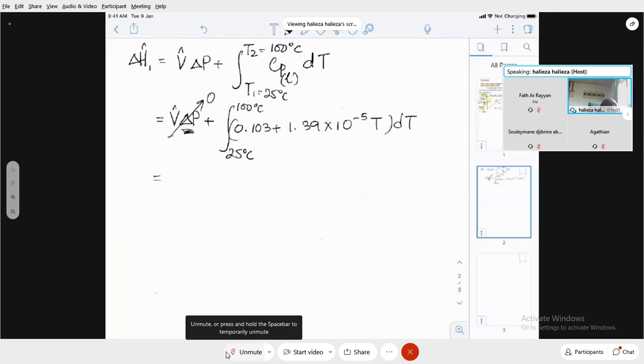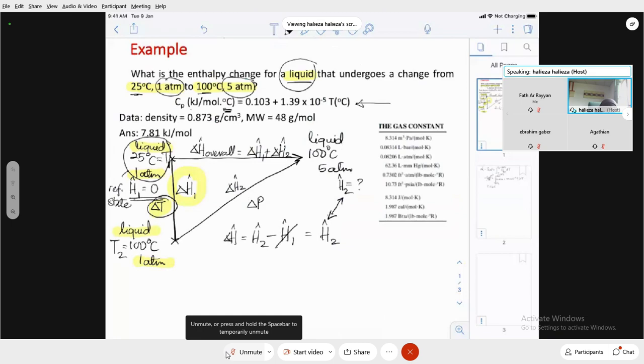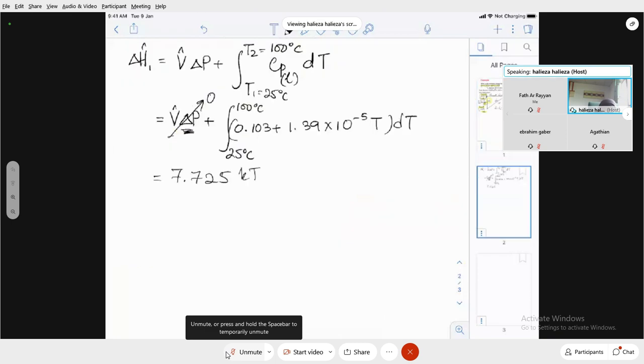Is it 7.725? 7.725. What is the unit? Go back to the equation. The unit is kilojoules per mole. You already cancel the temperature. So this is going to be kilojoules per mole. Anybody get a different value? Is that the same for everyone?